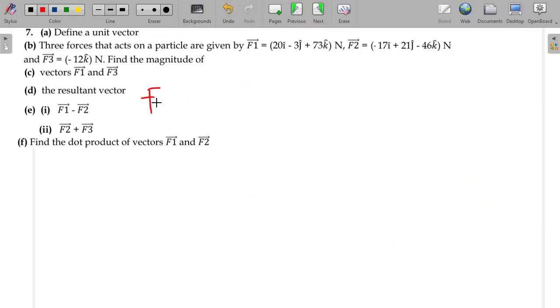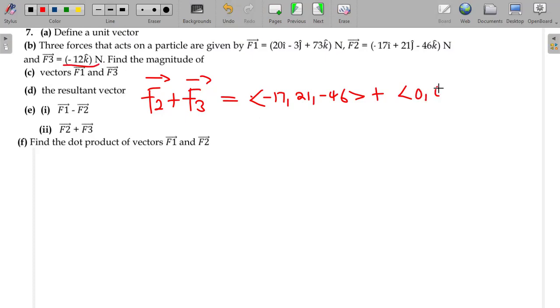So F2 plus F3, this is what we have here. So now F2 is minus 17, 21, then minus 46. Then I'll say plus the F3, which here only has a K. So it means the I is 0, the J is 0, and then I have minus 12K.